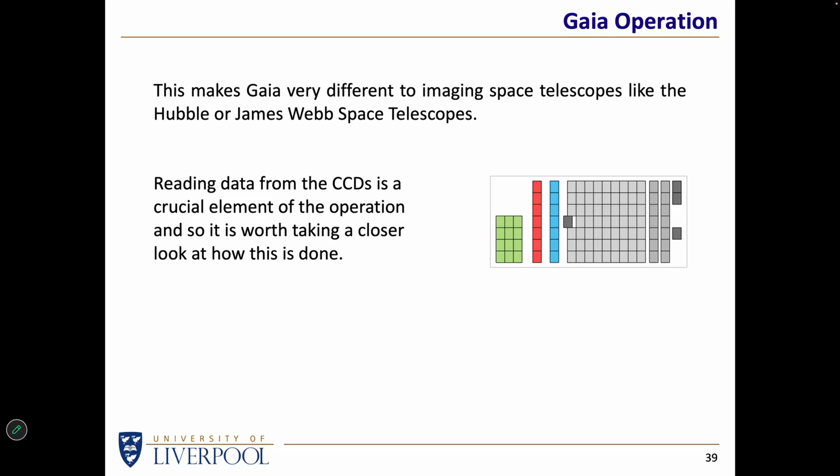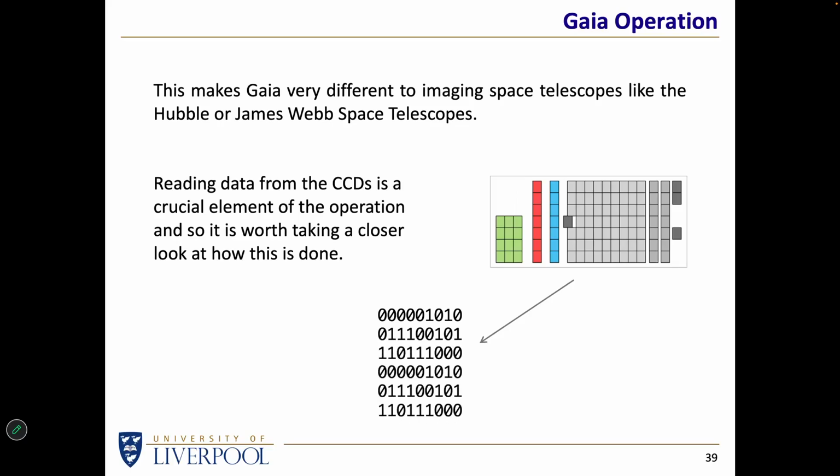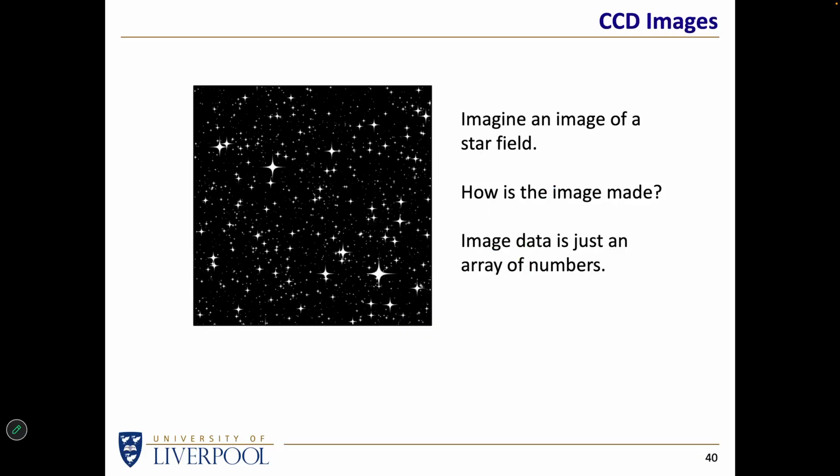And the question is, how do you go from a detector full of electric charge to what you want, which is a whole load of numbers which represent how much light hit each pixel in the detector? How do you go from a chip to all of the data? And that is what's different about Gaia. So let's remind ourselves how it works in the conventional sense. By conventional, I mean the way you expect cameras to work.